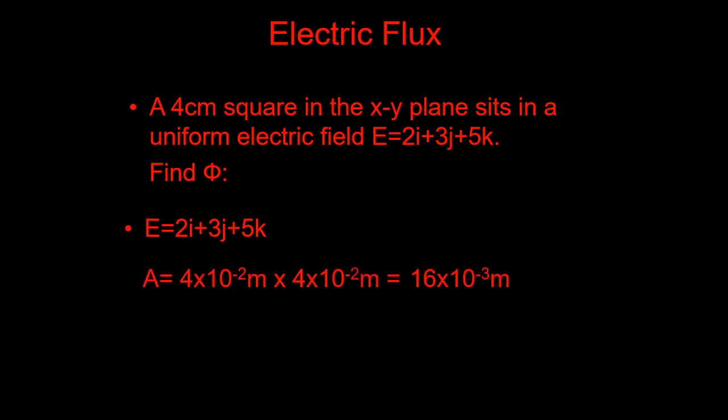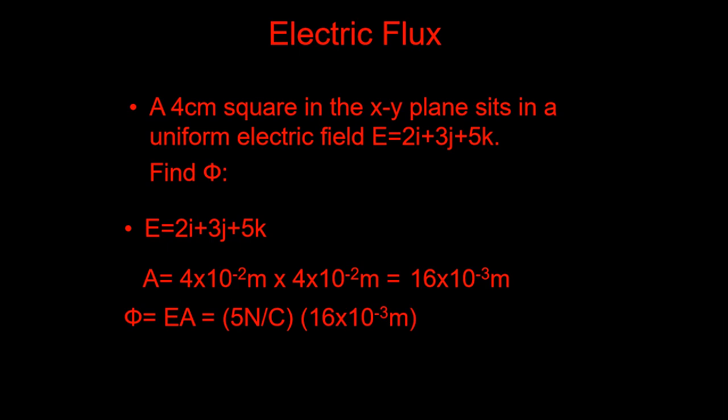So our area was 4 centimeters on one side. Area is 4 times 10 to the negative 2, always work in meters, times 4 times 10 to the negative 2, which will give us 16 times 10 to the minus 3 square meters.